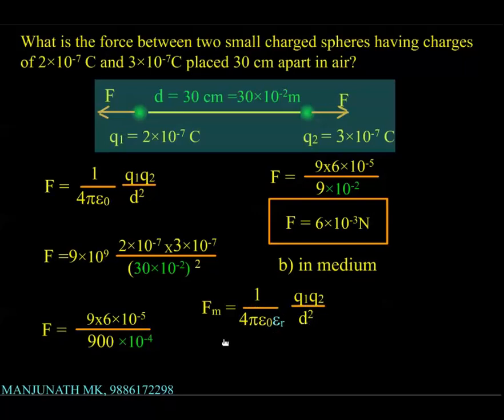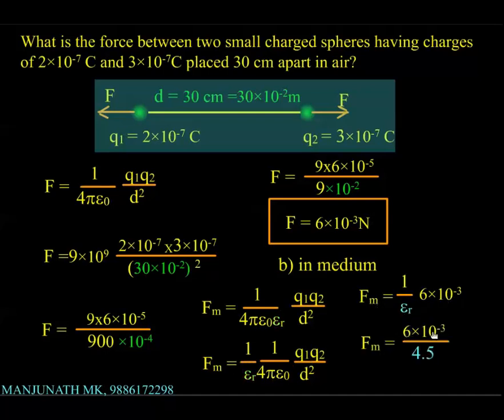Take this one this side like this. Look here, this is 1 over epsilon r into 1 over 4 pi epsilon naught Q1 Q2 by D square. This much we have already calculated here, 6 into 10 to the power of minus 3. Therefore this Fm is equal to 1 by epsilon r into the value of this one, which is 6 into 10 to the power of minus 3. And epsilon r is 4.5. Therefore Fm is equal to 6 into 10 to the power of minus 3 divided by 4.5.